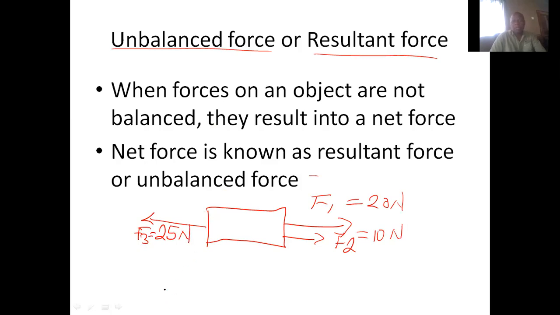So you notice that the net force here will be equal to, you add the forces in one direction, force 1 plus force 2, and then we subtract the force in a different direction, which is force 3.